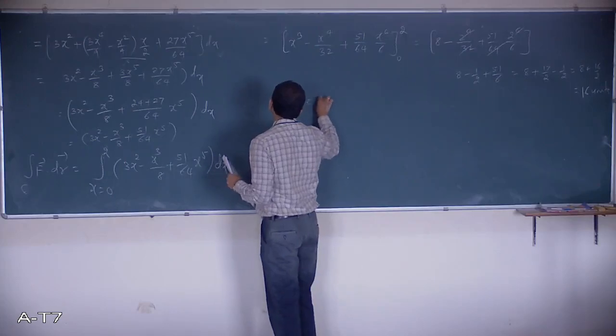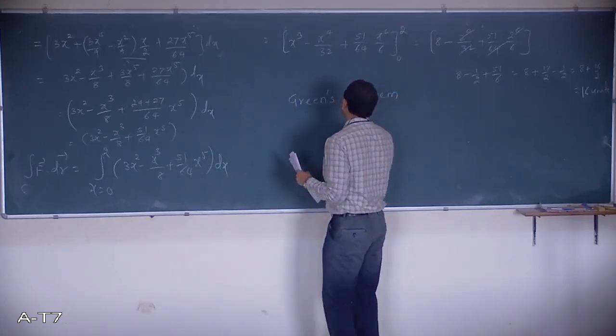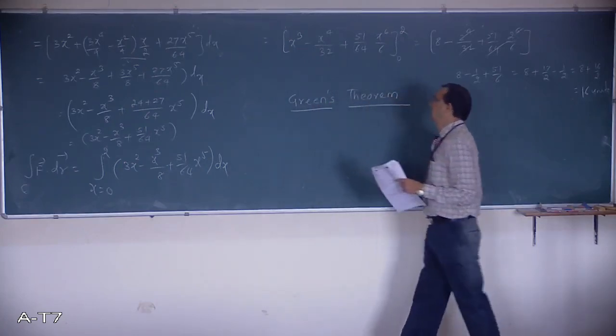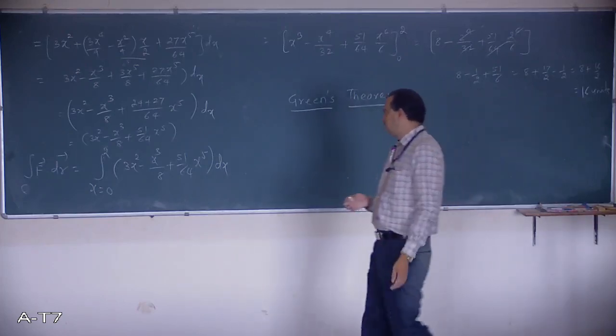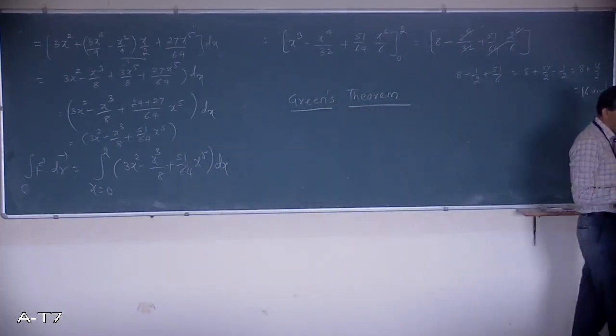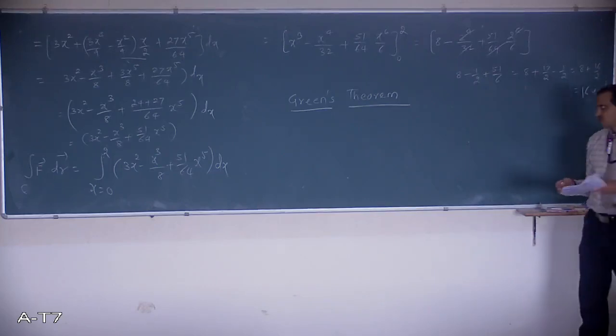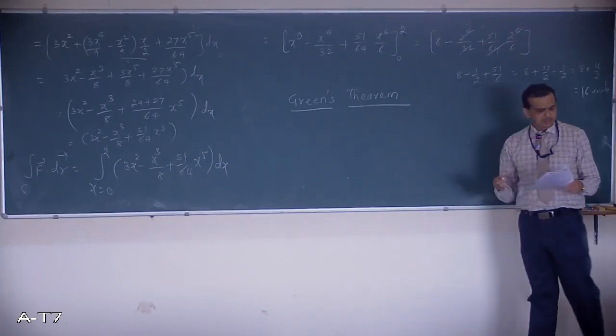Now let us write Green's theorem, which will close this unit. So let me write the statement first, and if possible we will solve one example, so that we have started this. In the next class we can cover a few more very fast. We have taken a bit more time, but let it be.